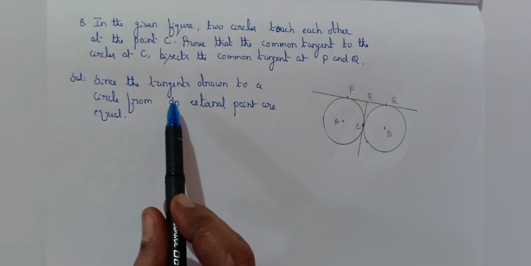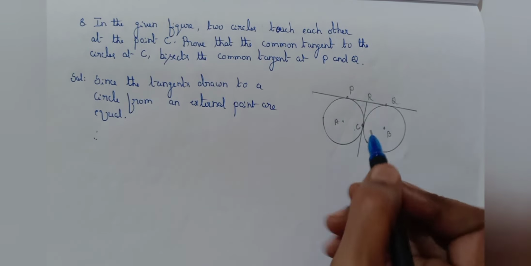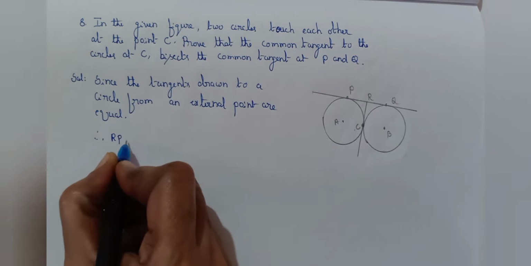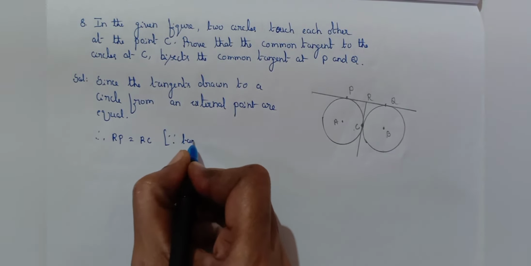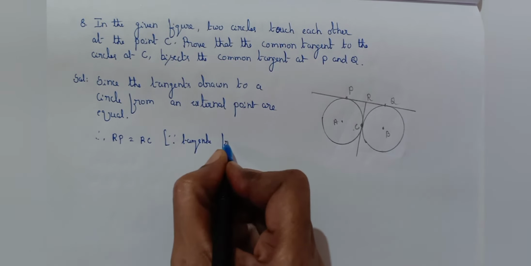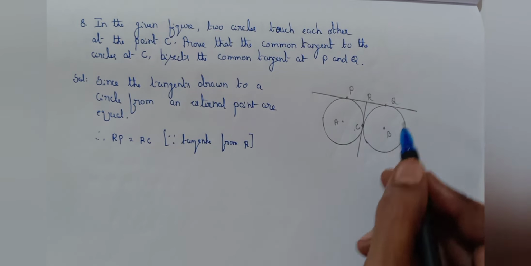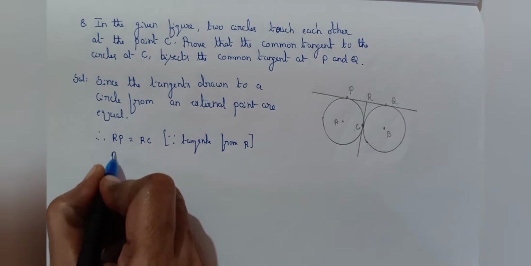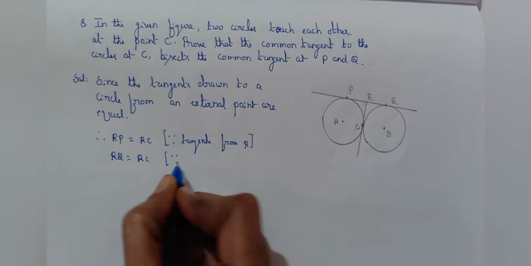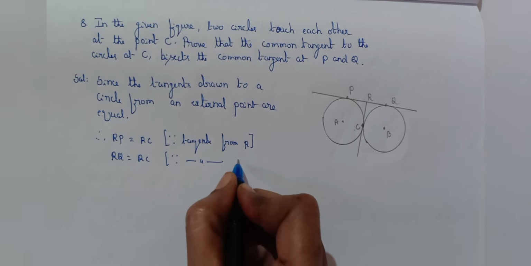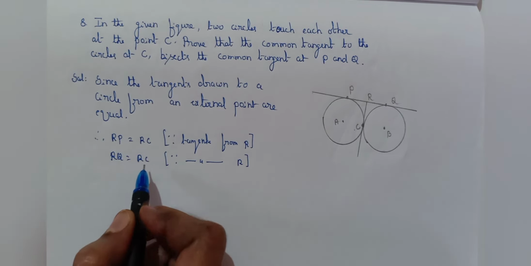Since the tangents drawn to a circle from an external point are equal, therefore RP is equal to RC, tangents from the point R. And RQ is equal to RC, again same, tangents from R. Here RP is equal to RC and RQ is equal to RC.